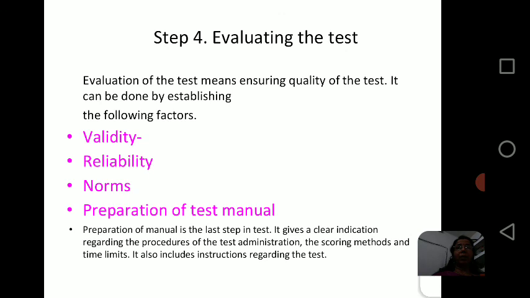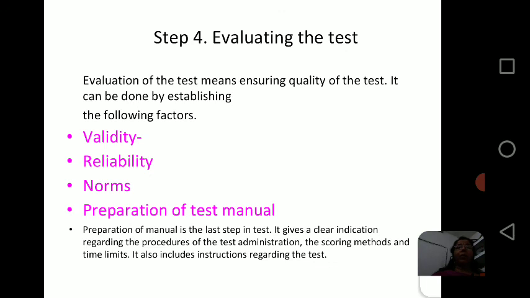The administrators of the test are teachers, apart from the creator of the test. So every administrative norm, interpretation norm and scoring norm is to be depicted in the standardized test.